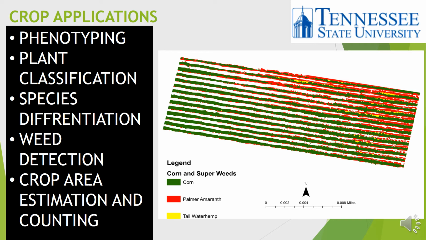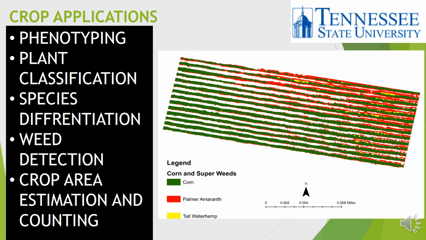This slide shows some of the applications of drone technology in crop mapping and monitoring. The first is phenotyping. We can use drone technology to understand how crop varieties perform within an environmental condition, and based on the data, we can pick up varieties that perform well and those that don't perform well for improvement.